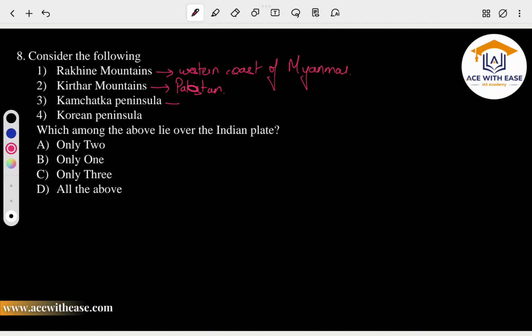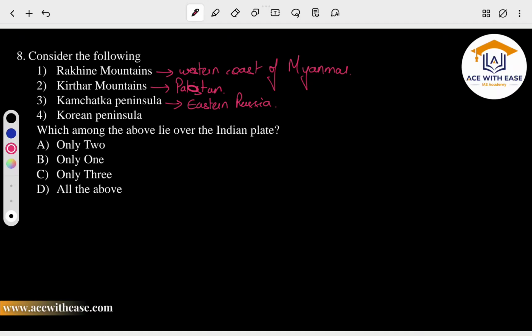The Kamchatka Peninsula is present in eastern Russia, near the border between the Pacific and the Eurasian plate, and nowhere near the Indian plate. And the last one we have is the Korean plate. The Korean plate is part and parcel of the Eurasian plate.